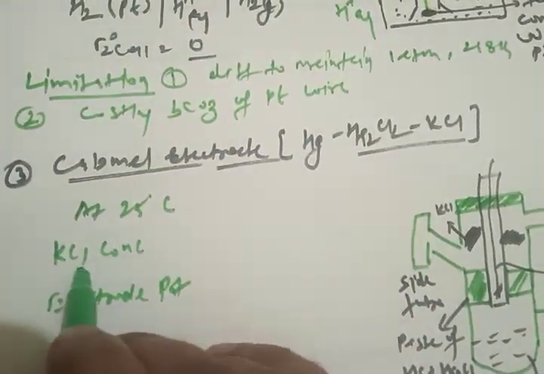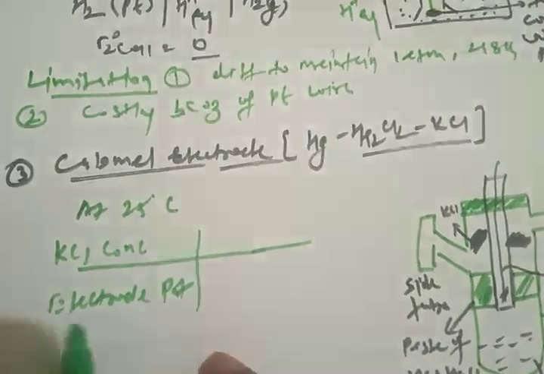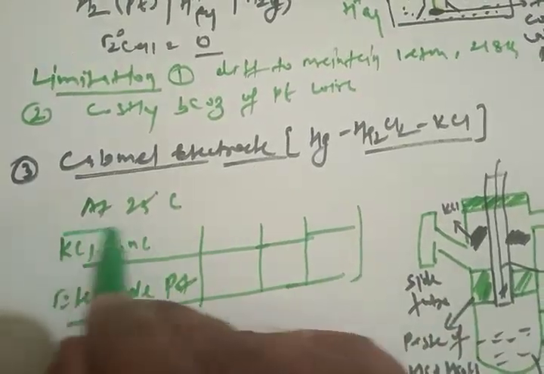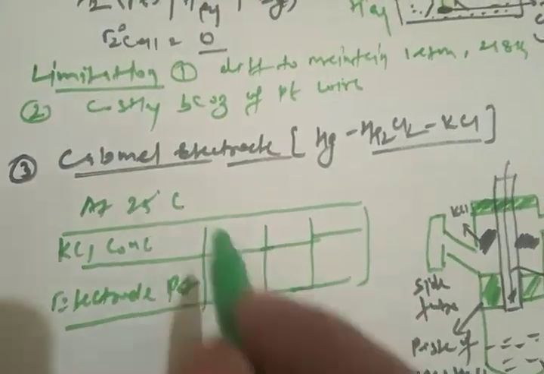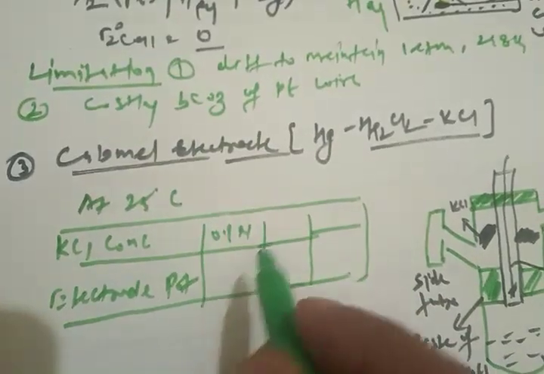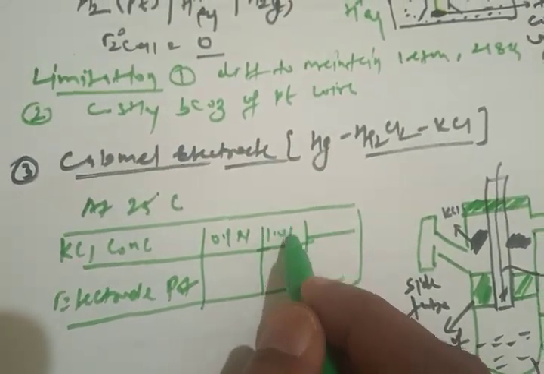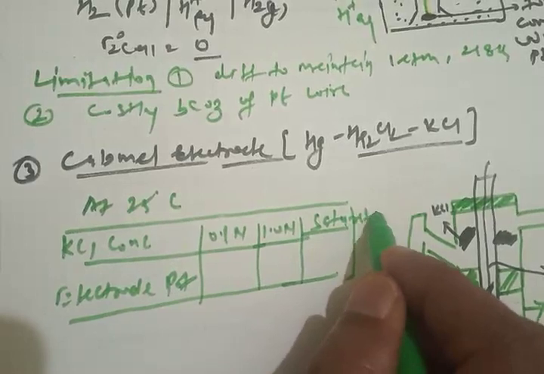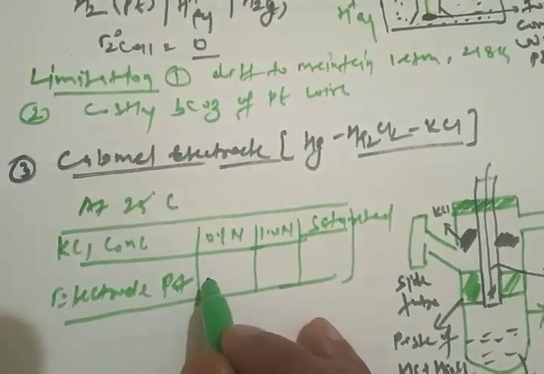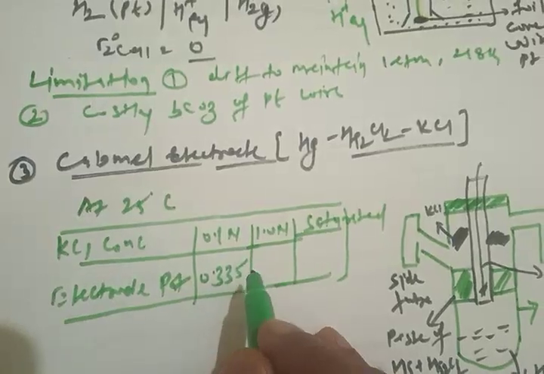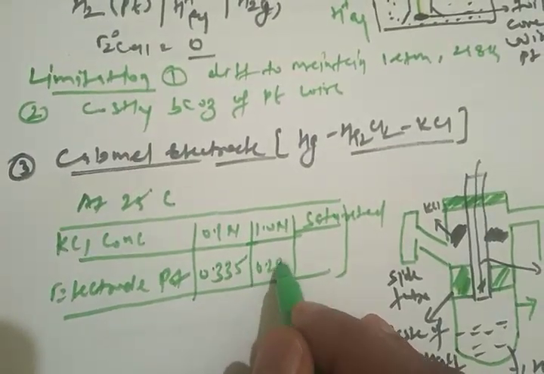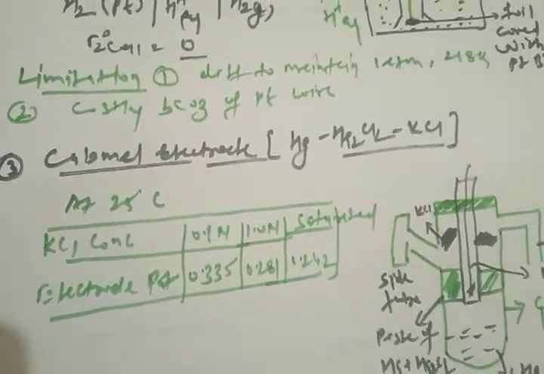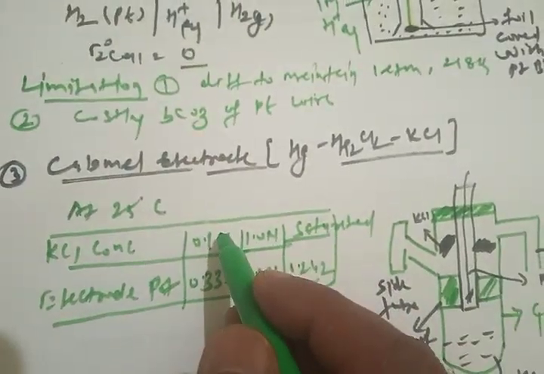So the KCl concentration and the electrode potential value, here I am writing at 25 degrees Celsius: 0.1 N, then 1.0 N, and then saturated. The values of electrode potential are 0.335, 0.281, and this is always given to you whenever you are going to calculate.